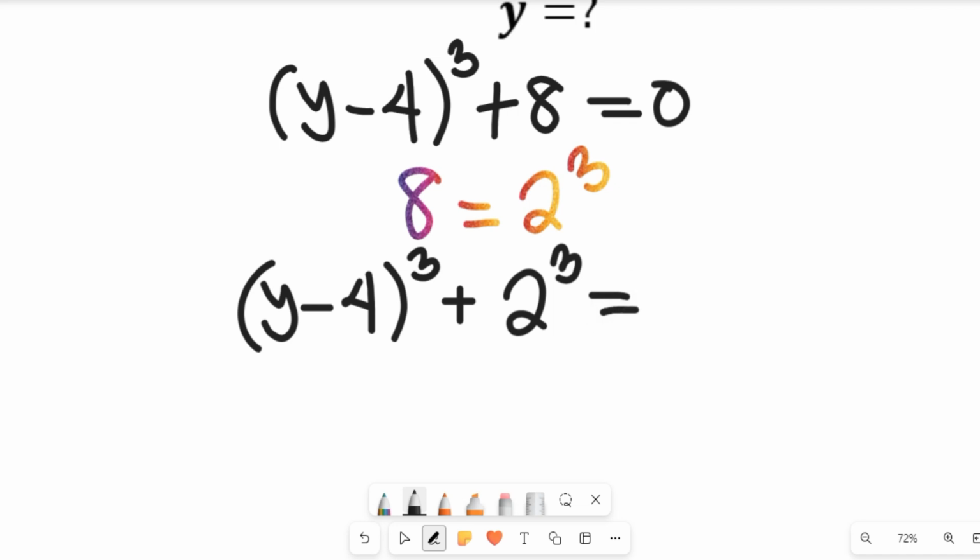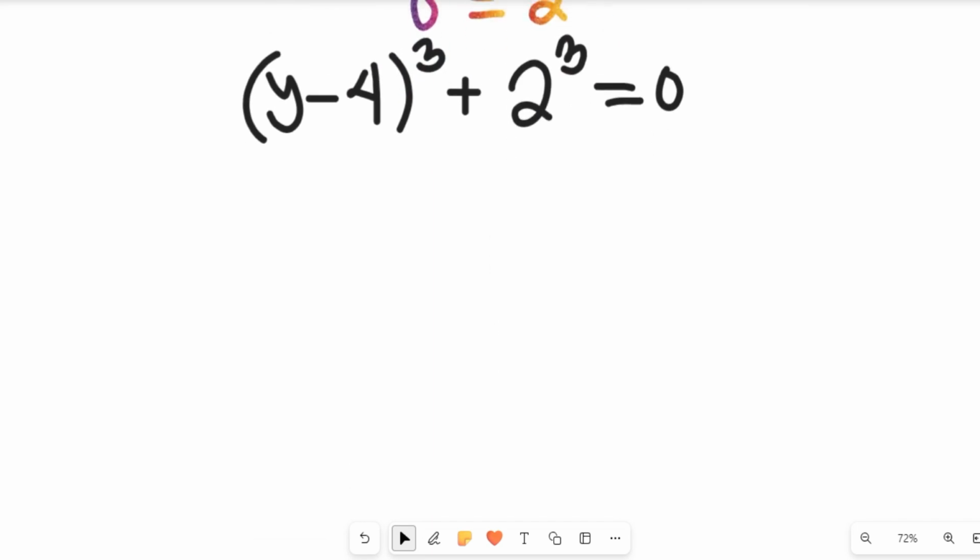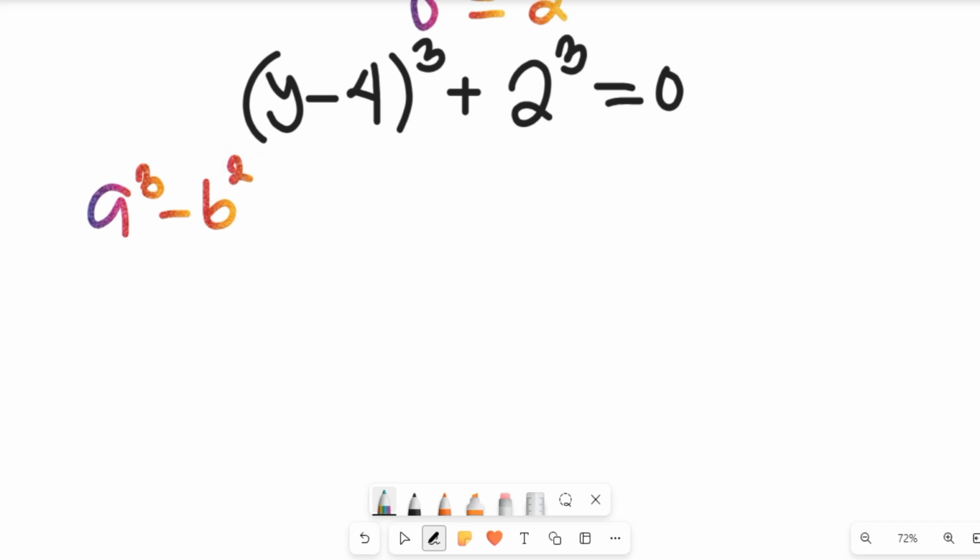Now, do you know that with that, we can apply an algebraic expression? Do you recall this algebraic expression? If you have a to the power of 3 plus b to the power of 3, do you know what this is going to give us? Let's say a to the power of 3 plus b to the power of 3, because the sign holding these two expressions is plus.